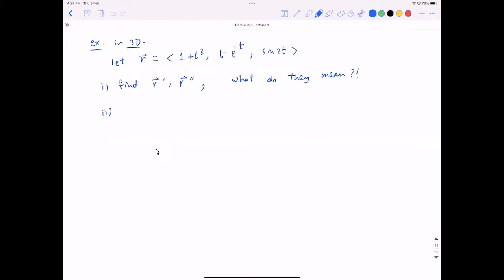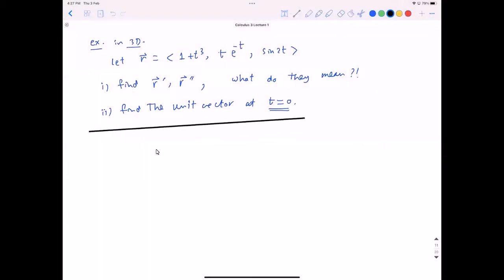Question 2, find the unit tangent vector at t equals 0, at the beginning of time. There is nothing new in this, only a revision of differentiation and rules of differentiation.